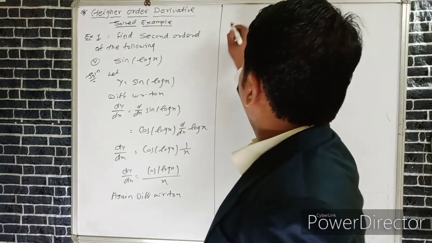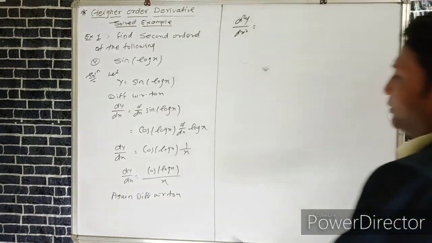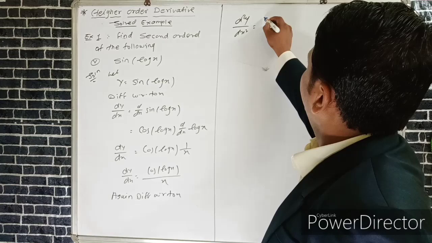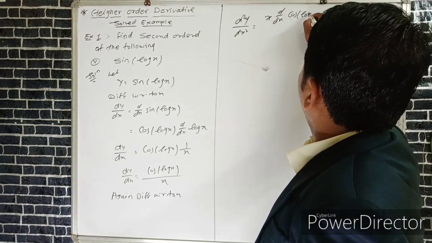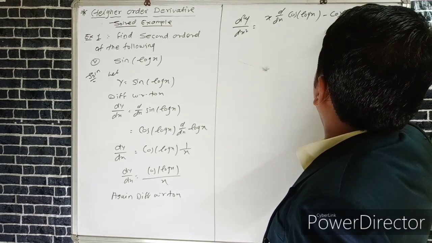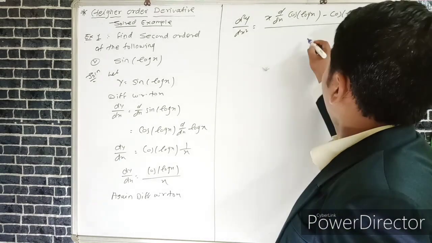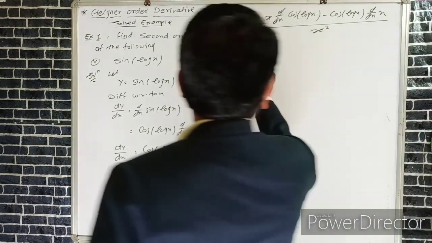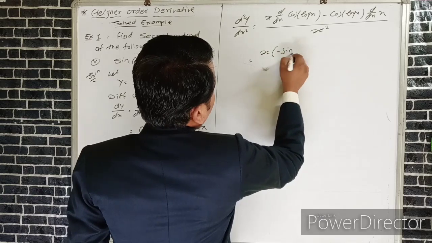The derivative of dy by dx is d2y upon dx square. Function is in the form of u upon v, and if we apply the derivative of u upon v, which is v into, means x into derivative of cos of log x minus cos of log x into derivative of x upon x square.